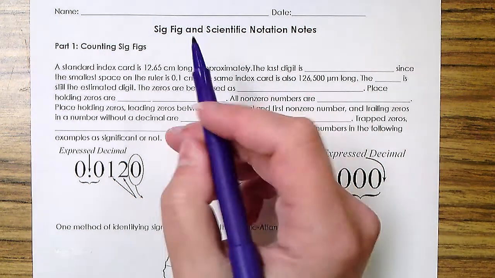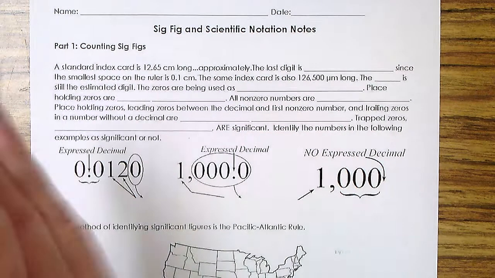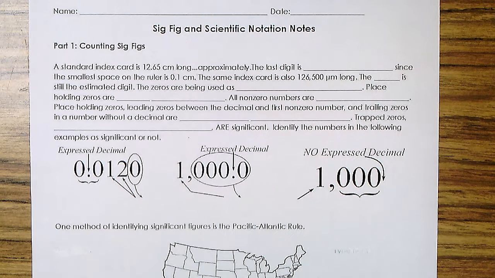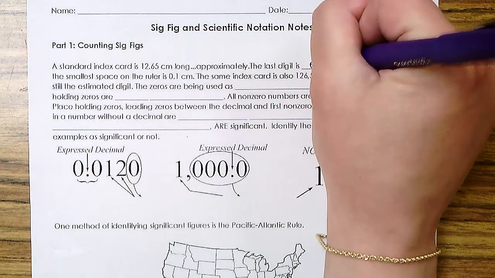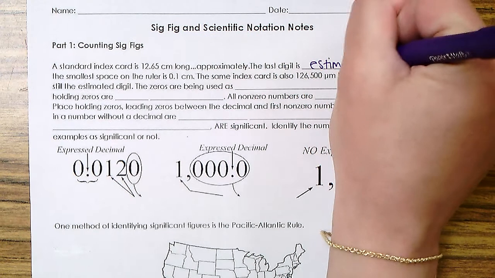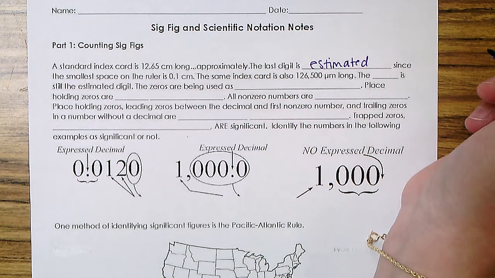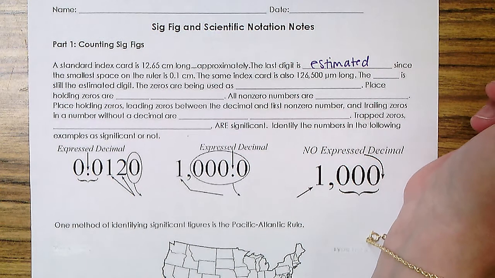In this video, we're going to talk about counting our sig figs. So if I say that a standard index card is 12.65 centimeters long, approximately, the last digit here is estimated. We say that it's estimated since the smallest space on the ruler that was used was 0.1 centimeters.